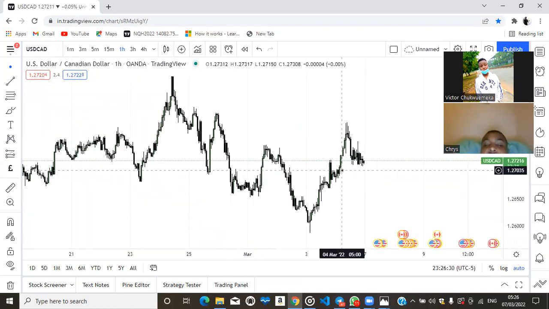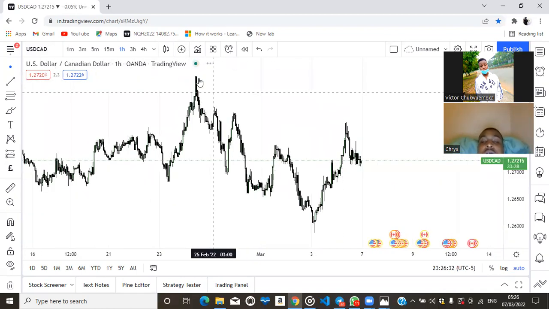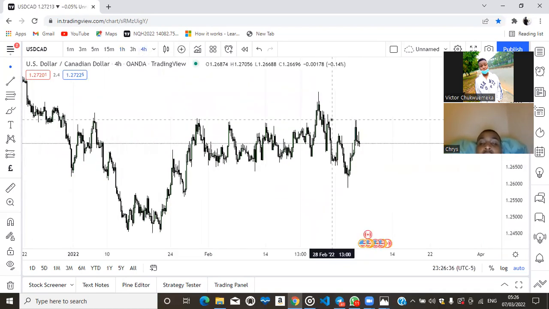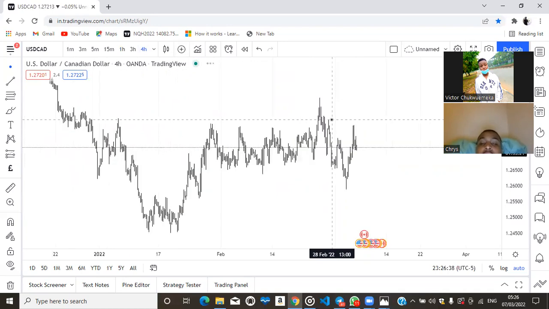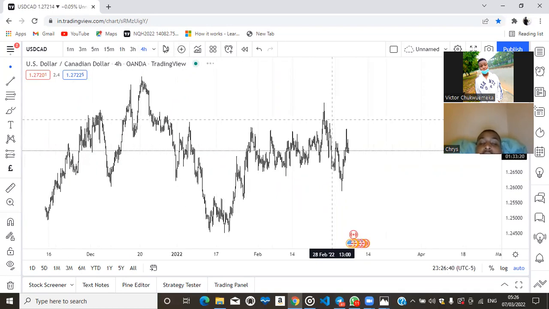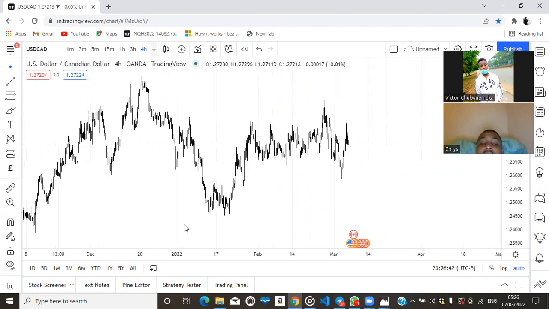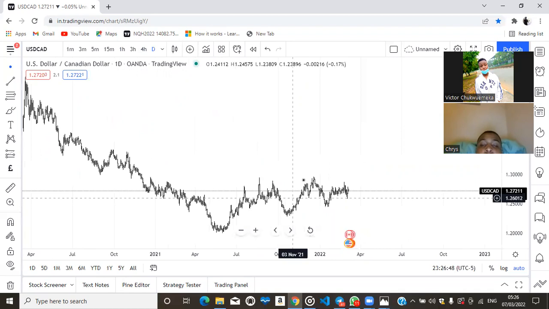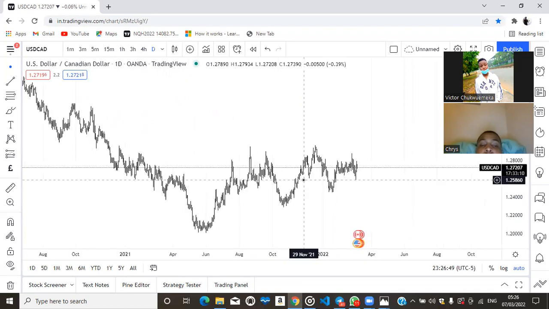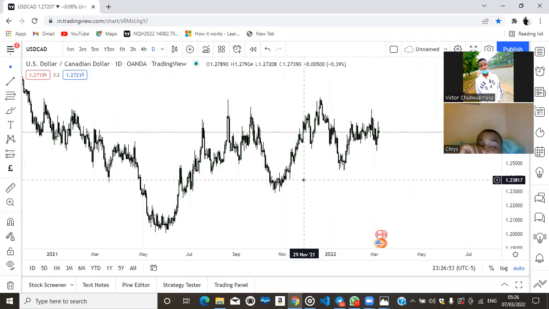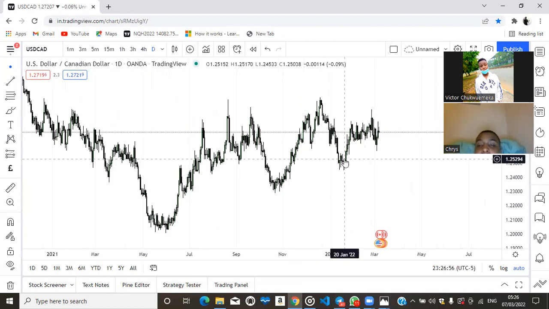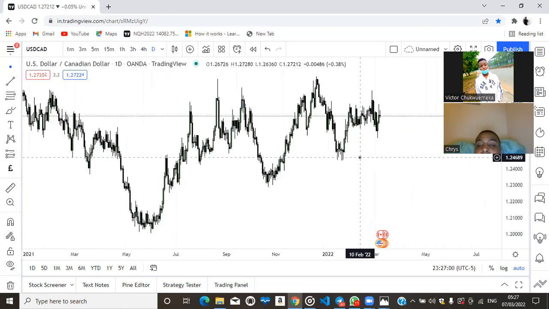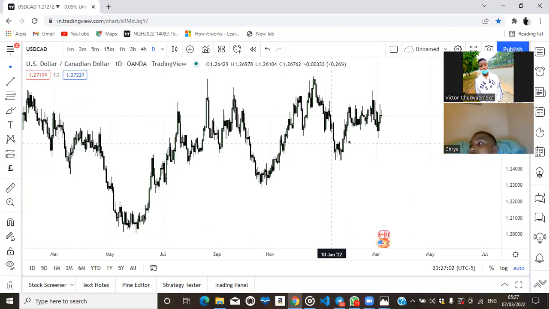I look at the index to see the strength of the US dollar. I try to see if it's going up, going down, if it's at a high or at a low. This is data analysis from the daily.